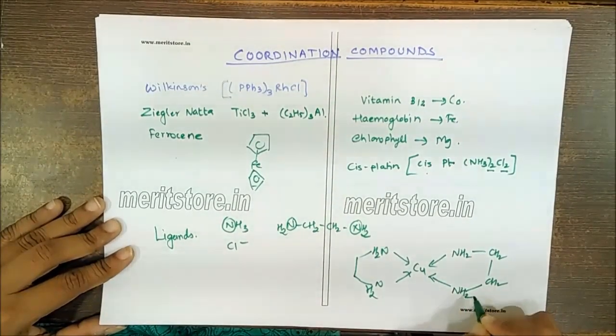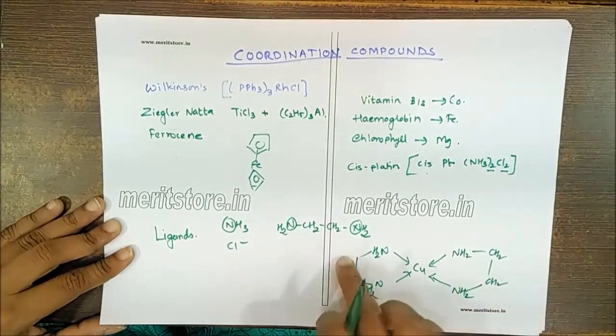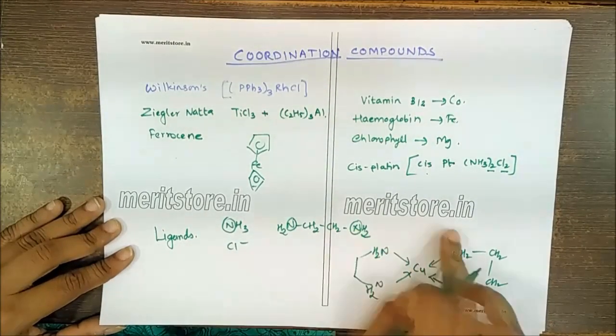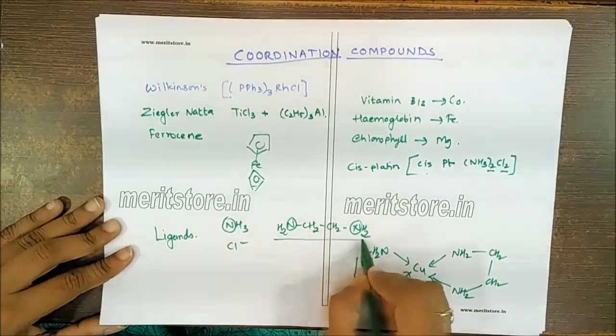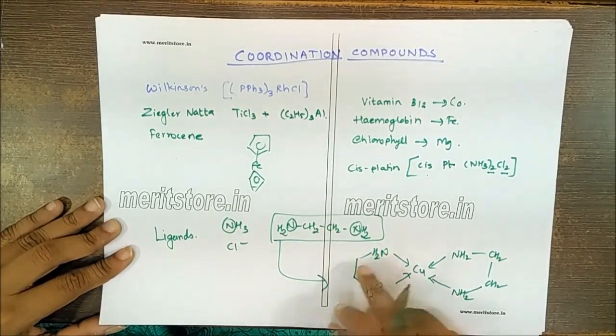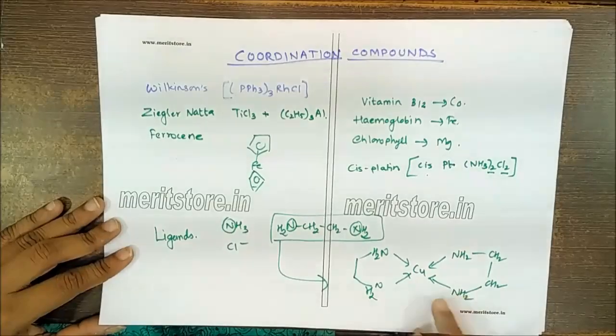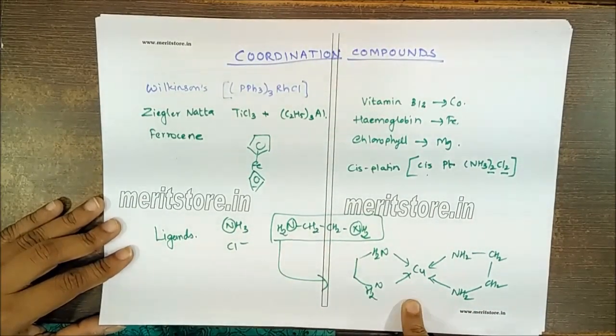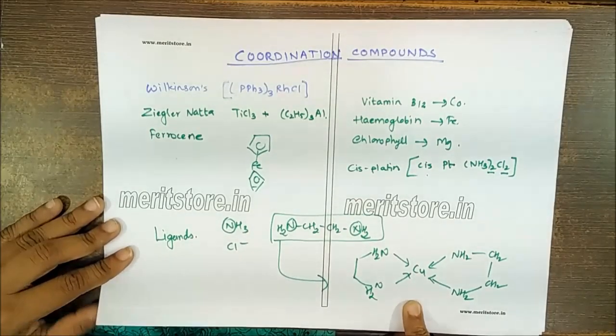So here we can see it has formed a cyclic complex which we call the chelating ligands or metal chelates. So the compounds which form such kind of coordinate compound in a cyclic form, these ligands are called chelating ligands, and the complexes which are formed are called metal chelates.